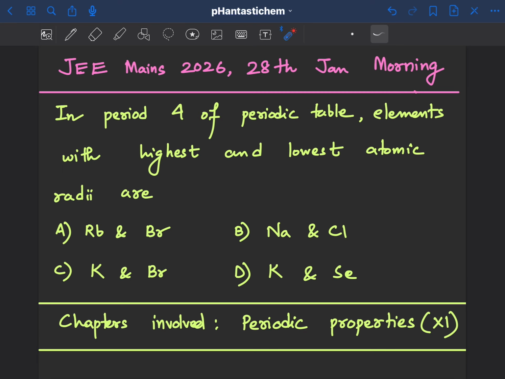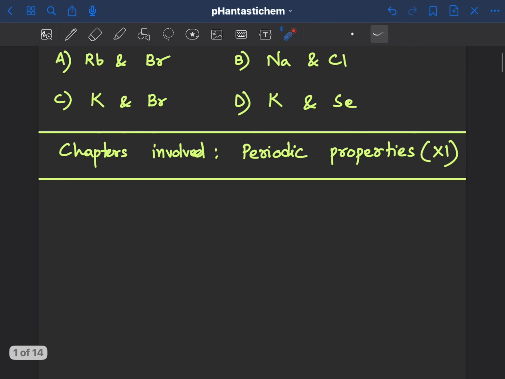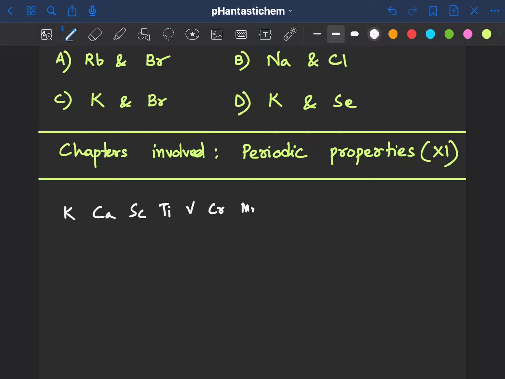Period 4 starts from potassium. Then we have calcium, then scandium, titanium, vanadium, chromium, manganese, iron, cobalt, nickel, copper, zinc.